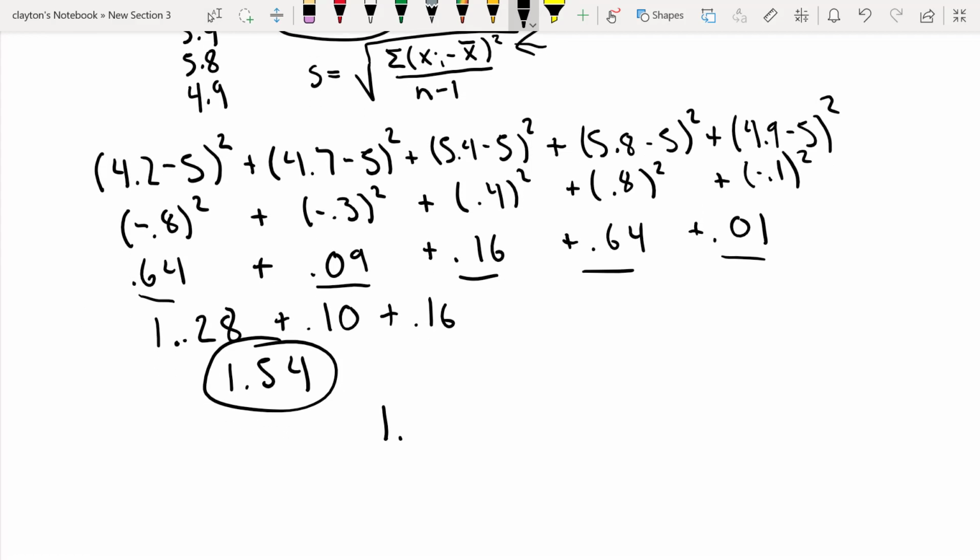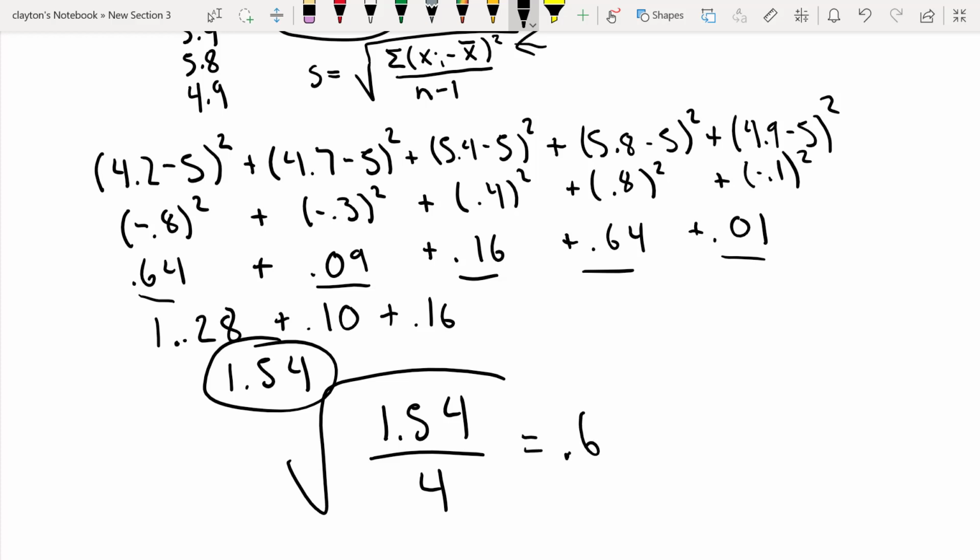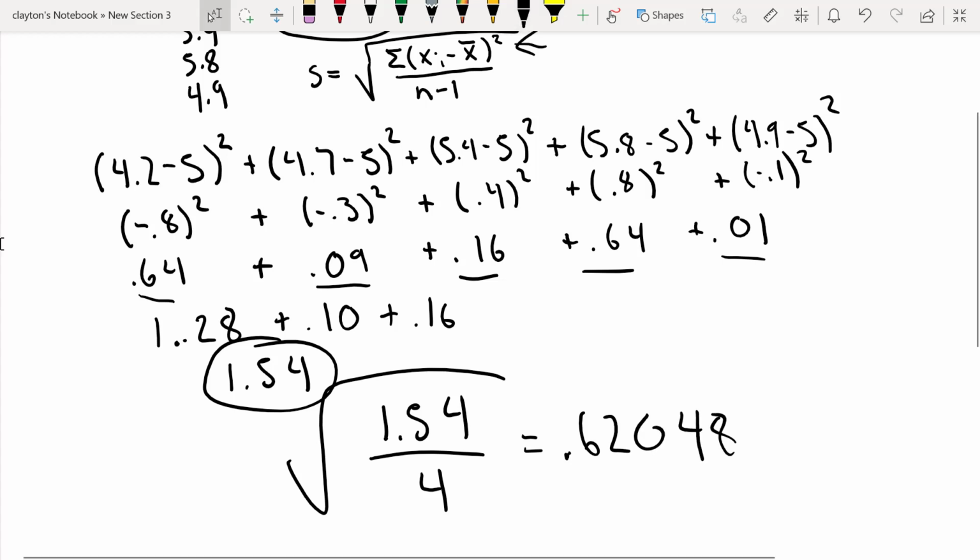And so then we need 1.54 divided by n minus 1, which is 4. And then we need the square root. So I'm just going to type this into my calculator. And I get 0.6204. I don't know how many decimals they want. Let's check.